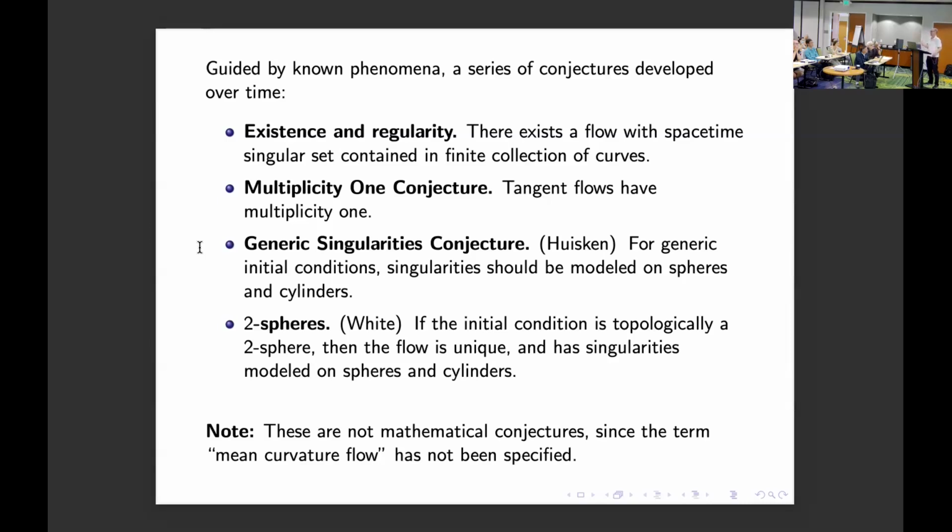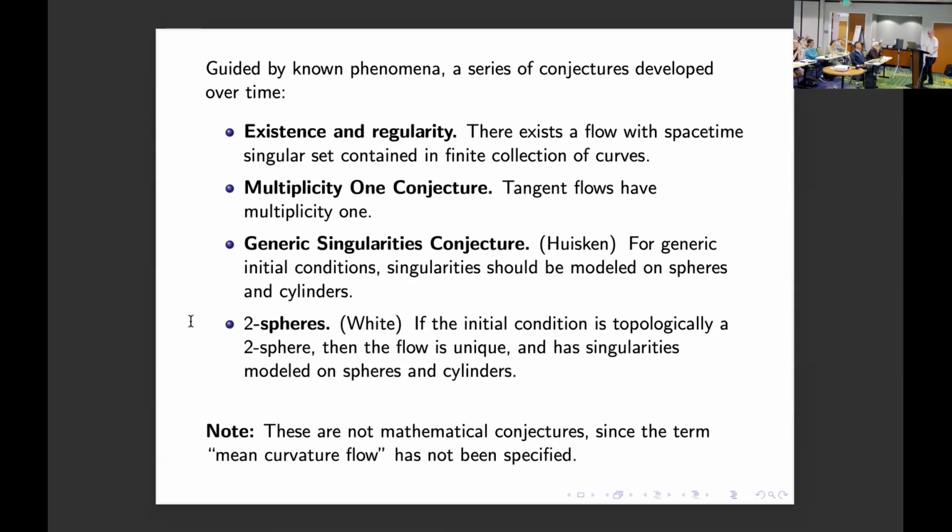People look at generic solutions to PDEs, whether they're Plateau problems or generic solutions to evolutionary PDEs with generic data. But in this context, one version of this is due to Huisken, which says that for generic initial data, the singularities, so the tangent flows, should be round spheres and cylinders. Okay, so none of these complicated shrinkers should arise.